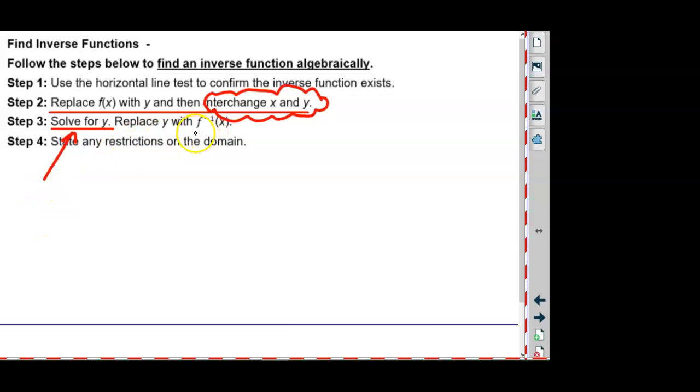If it is one-to-one at the end, they want you to use this notation, but I'm not going to be picky on that. And if it ended up with an x in the denominator or a radical, you would need to talk about domain restrictions. So the big deal is that you switch the x and y, and then you have to solve for the y again.